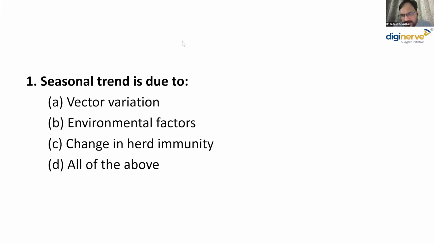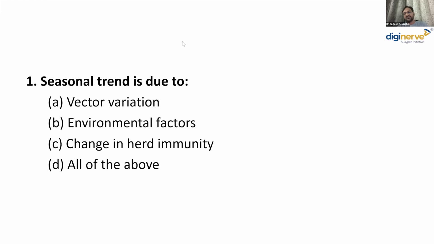Can't it be vector variation? What is vector variation? Vector variation means suppose we are having a mosquito, Aedes mosquito, and there is some variation in the Aedes mosquito, that the Aedes mosquito becomes resistant to the insecticide.